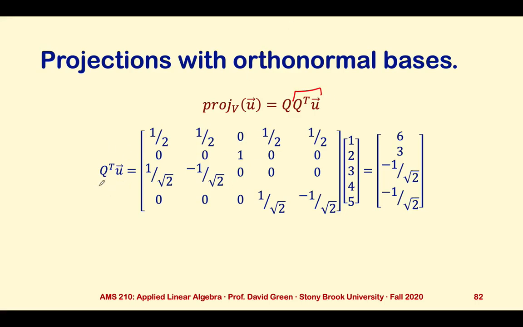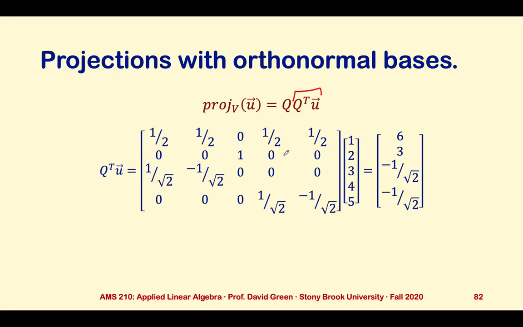For Q transpose u, we simply transpose our vector, multiply it by our target, and then evaluate: a half plus 1 plus 0 plus 2 plus 2.5 gives us 6. 0 plus 0 plus 3 plus 0 plus 0 gives us 3.